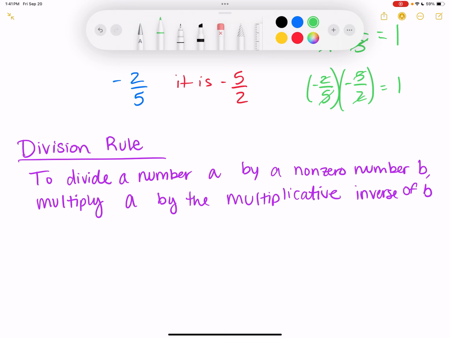So what this looks like is if I have A divided by B where it's written with a division symbol like that, what that means is A times, so multiply A by the multiplicative inverse of B. What is the multiplicative inverse of B? 1 over B. Yep, 1 over B. And again, we're assuming B is not equal to 0 because we can't have 0 in the denominator.